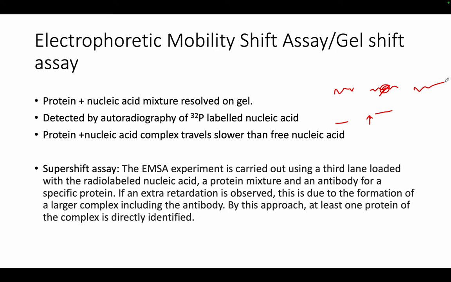But say I have my nucleic acid, I have my protein, and I have an antibody against that protein. This complex has become even bigger. So this is going to shift even more, right? So this is called a super shift assay. It is just used to confirm which protein is actually binding, if you don't already have an idea. Okay.